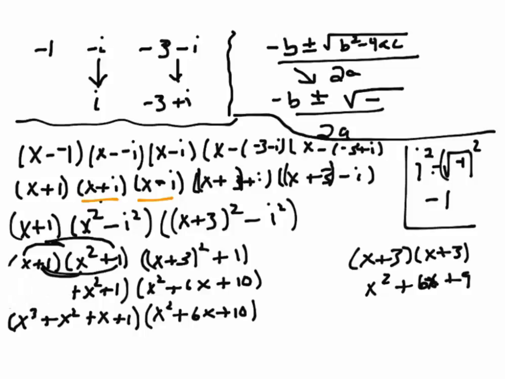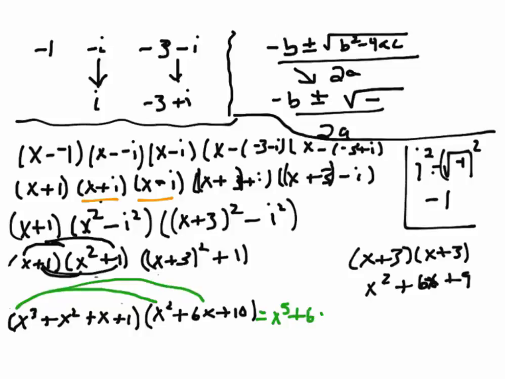Now, every single term in the first polynomial has to be multiplied by everything in the second polynomial. So let's do this. x cubed times x squared will give me x to the 5th plus 6x to the 4th plus 10x to the 3rd.